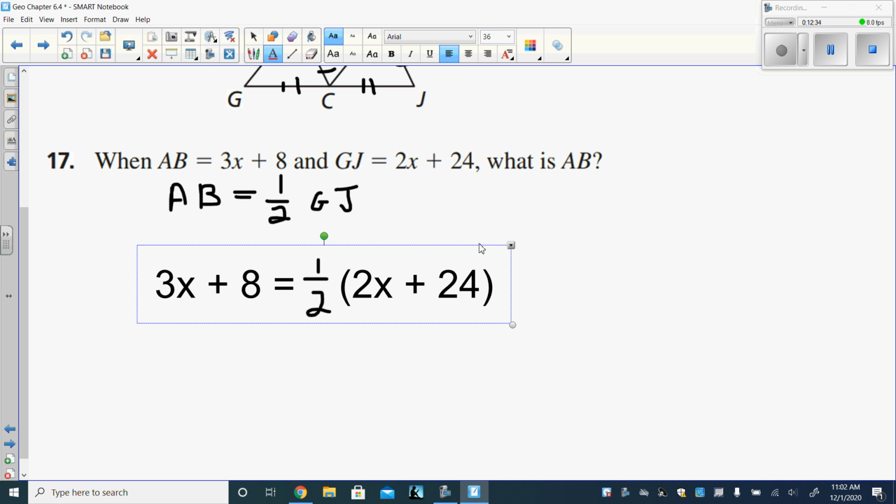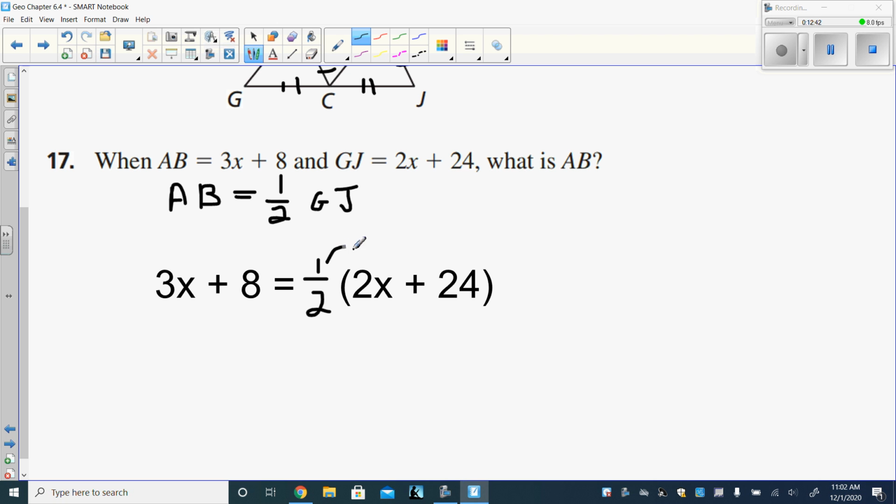Now we can multiply through by 1/2, and that's fine, or I can multiply both sides by 2, either way. Now what I'm going to do is I'll go on and multiply through the parentheses by 1/2, because again, we want to find the value of x. Because once I find the value of x, we can plug it back in.